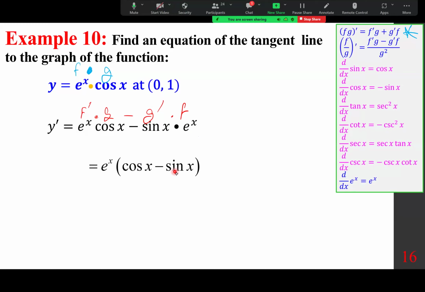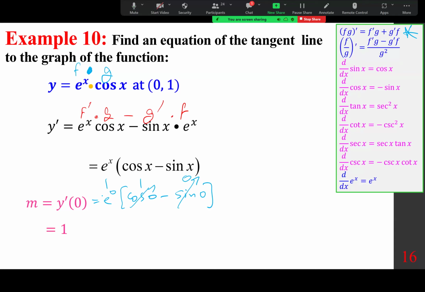So if you plug in 0, what do we get? We get e to the power of 0 times cosine of 0 minus sine of 0. And I hope you know that sine of 0 is 0, cosine of 0 is 1, e to the power of 0 is 1, and the answer is 1.